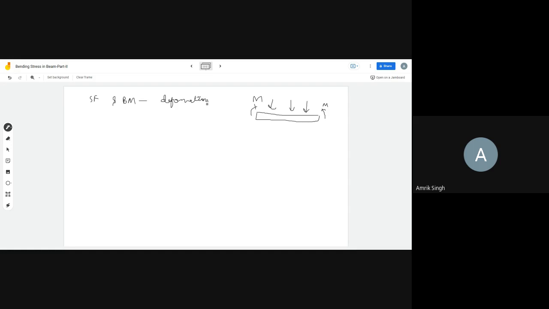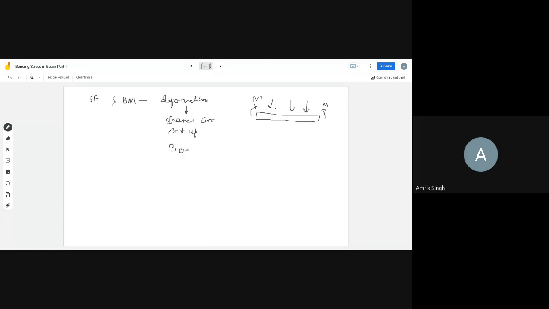So because of this deformation, the stresses are set up. And these stresses are known as the bending stresses.